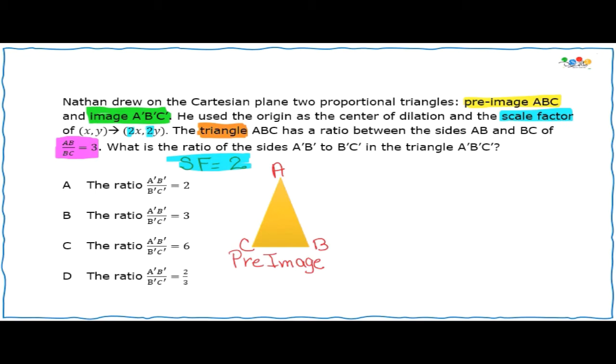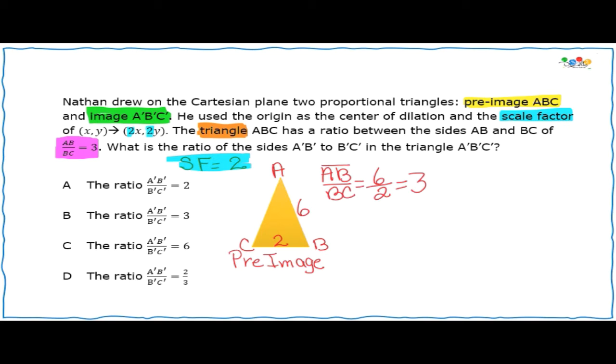So AB divided by BC has to equal 3. Think about two numbers that when you divide them give you 3. I'm going to use 6 and 2. Why? Because that gives me AB over BC equals 6 over 2, which equals 3, which is what was given to me.